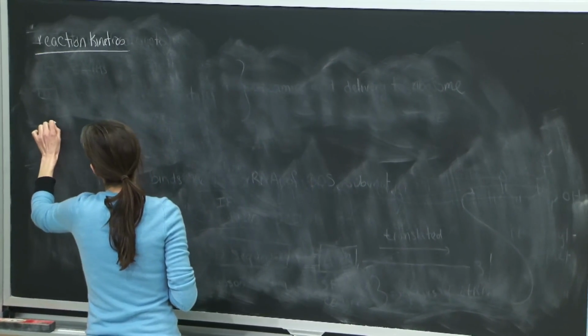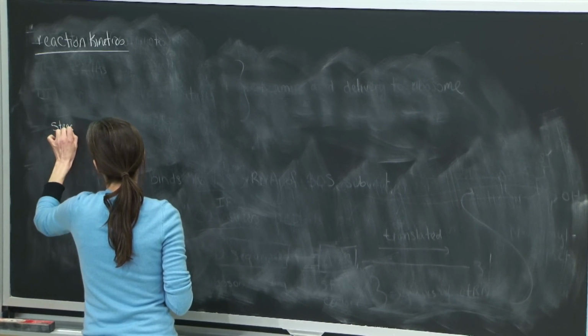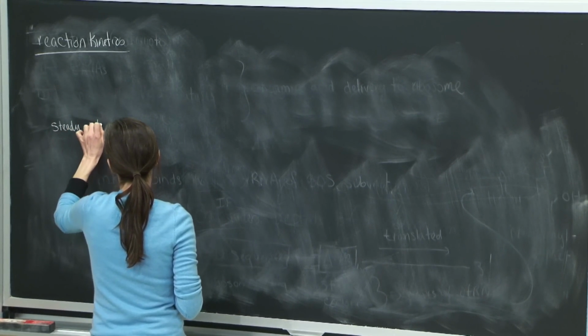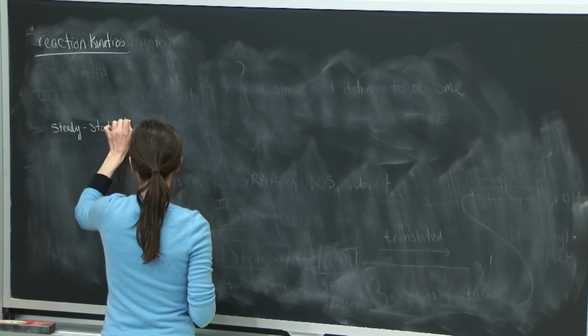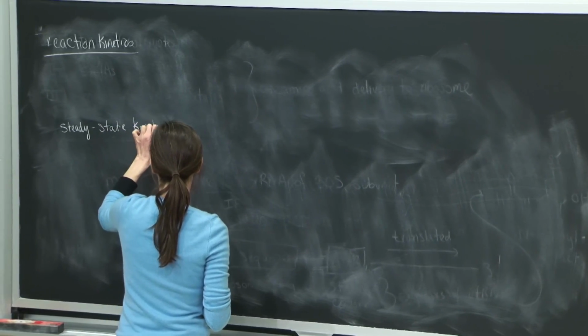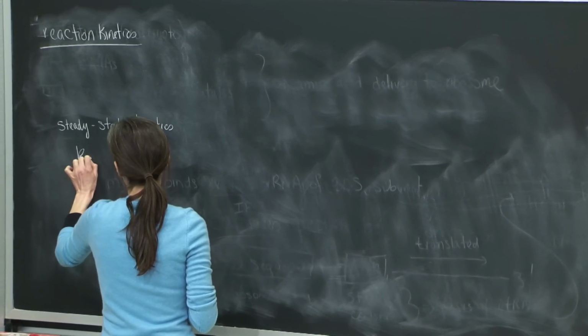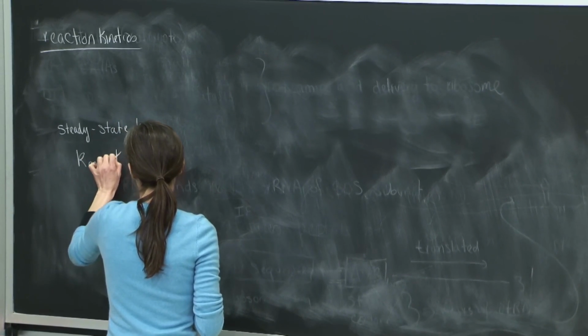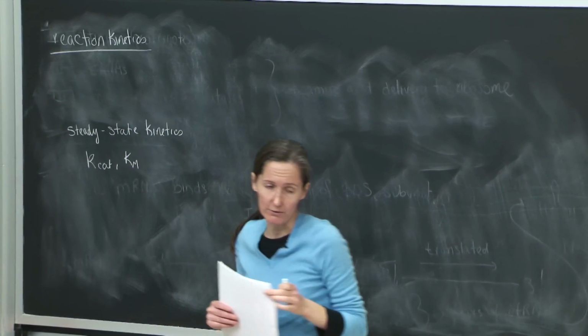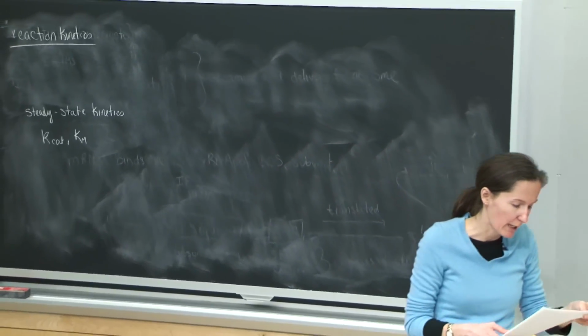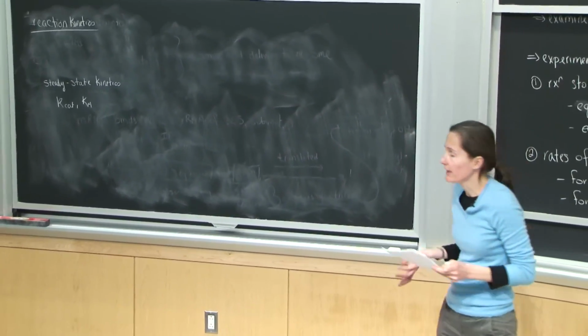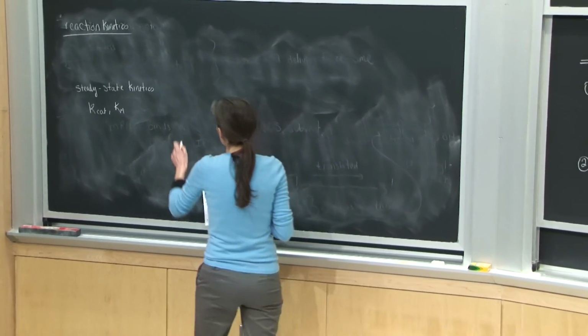Okay, so from our steady state experiments, we're able to get our kcat and our Km and the catalytic efficiency, which is the kcat over Km. Okay, we're going to compare our kcat values or turnover today.